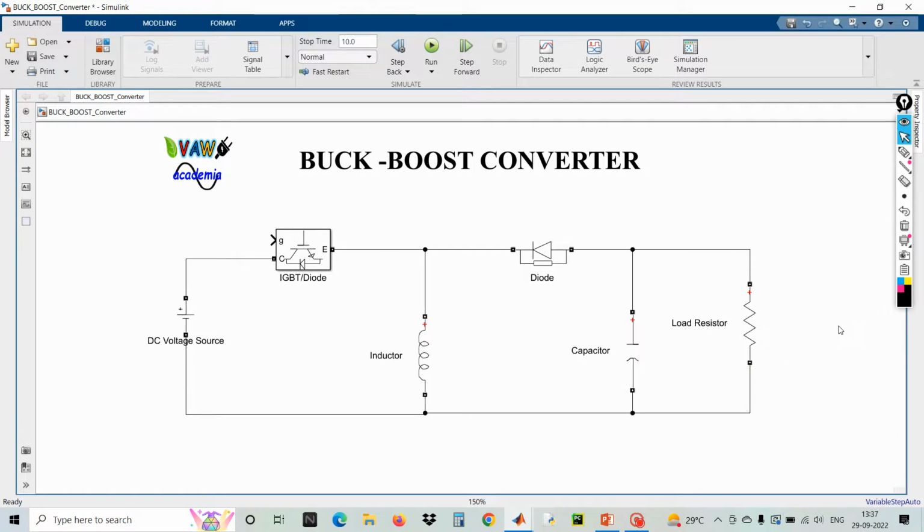If you want to measure the input voltage and output voltage, because actually I want to compare, I need a voltage measurement.